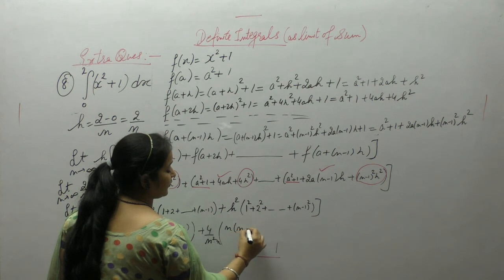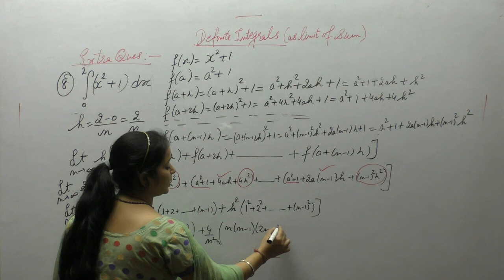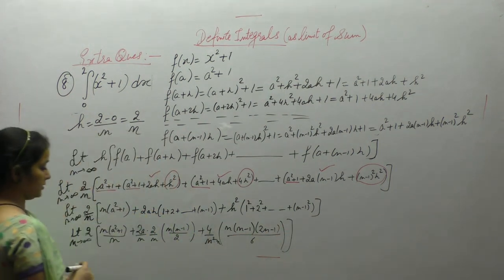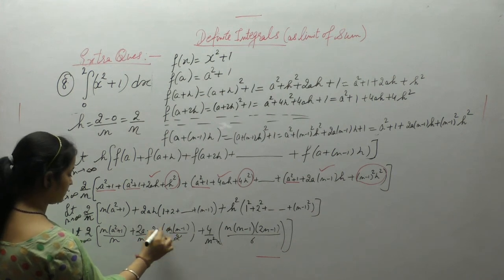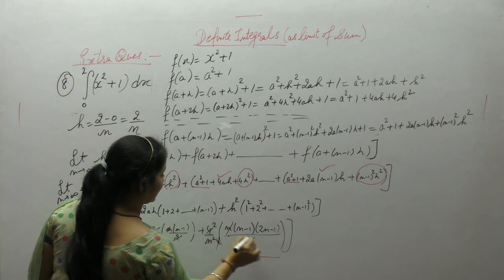Sum of squares of n minus 1 terms is n minus 1, 2n minus 1 upon 6. Whichever terms of n are cancelling, we will cancel them.